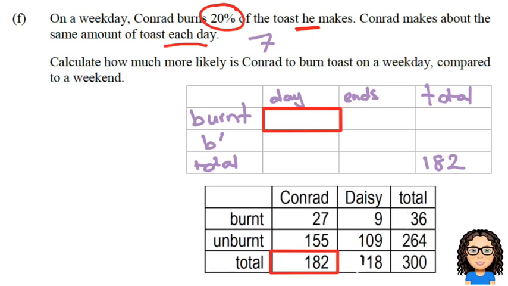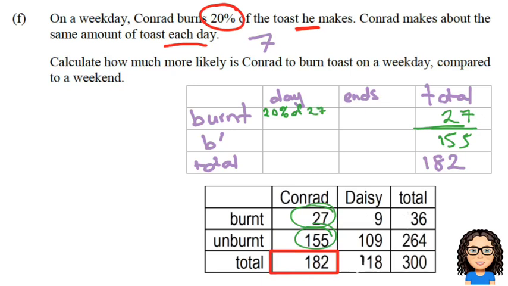Okay, so I want to find what 20% of the total amount of toast that he burns is. So whatever that number is. So if I jump down to the table, I can actually grab that number. So we've got a 27 here, and we've got 155 there. So I want to find 20% of 27.